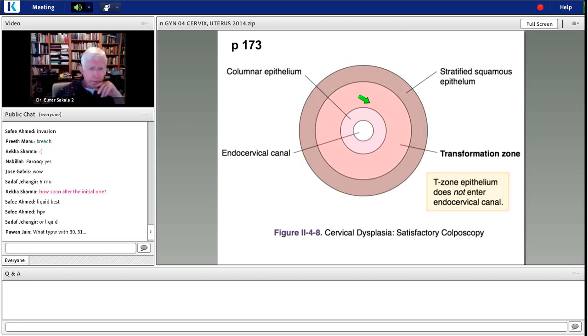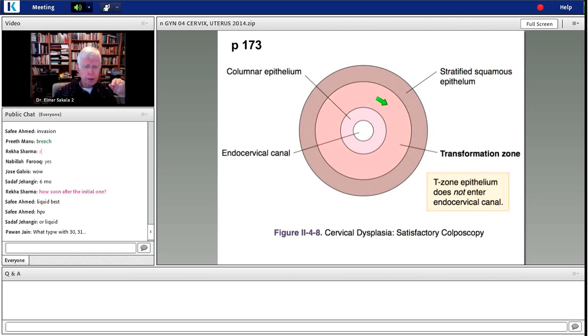Okay, this is on page 173, and we already went over this yesterday. The brown is your old, what they call native squamous epithelium. This outer circle is the old squamous-columnar junction. This is the new squamous-columnar junction.